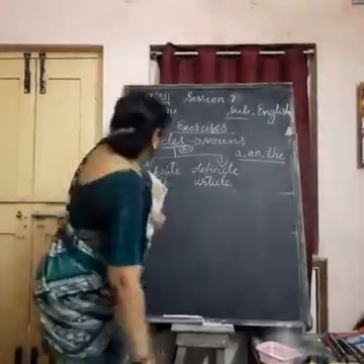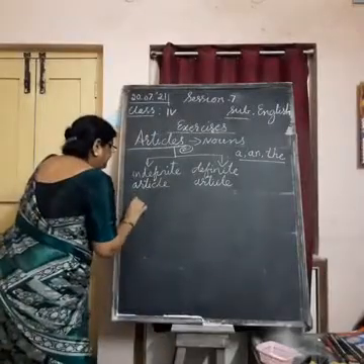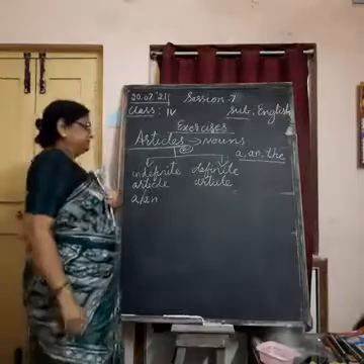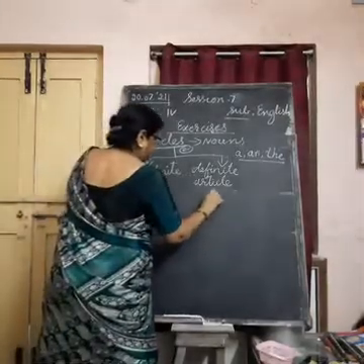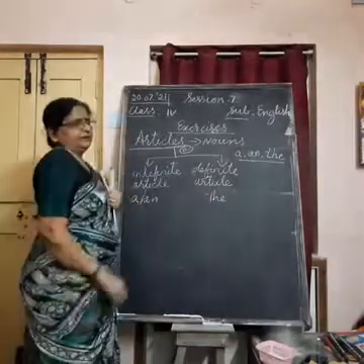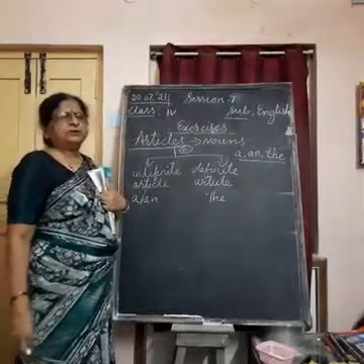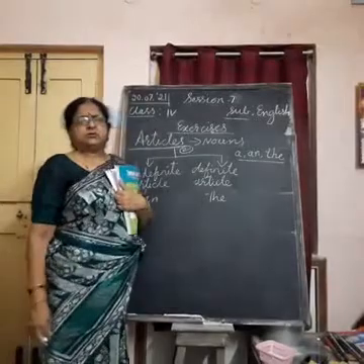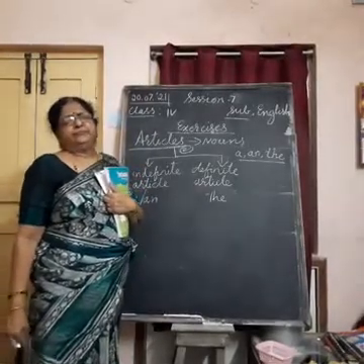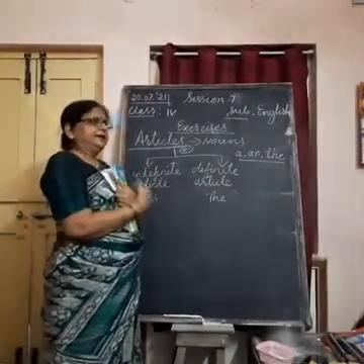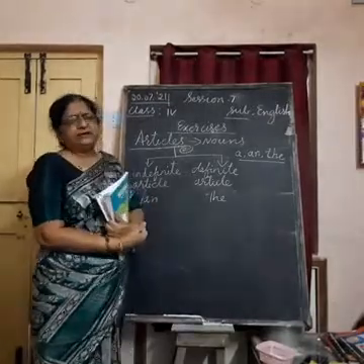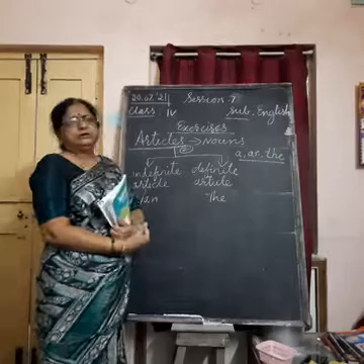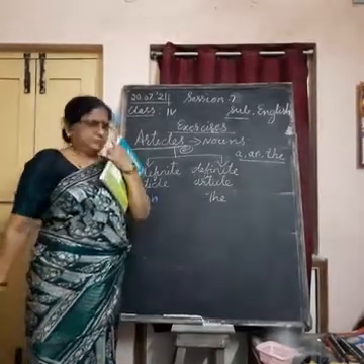So, a and an are called indefinite articles. The is called the definite article. Okay.